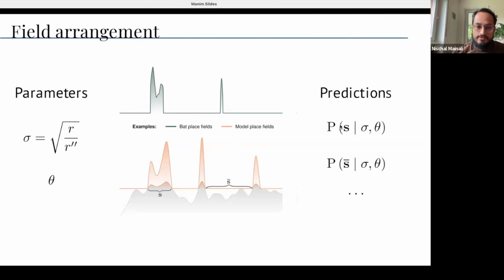And this is because the model we have is a generative model. It generates samples for how the place field should look given sigma and theta. So we can measure any observable of place fields generated in this way and understand the probability distribution of that measure, for example, the field size and gaps between the fields.